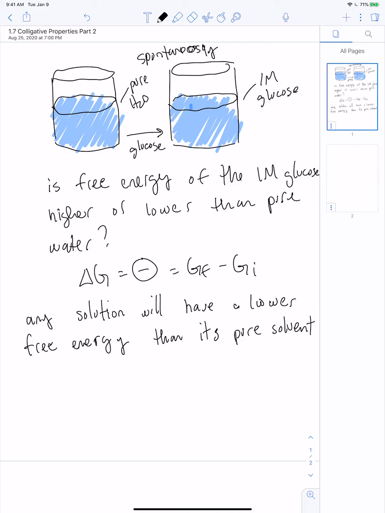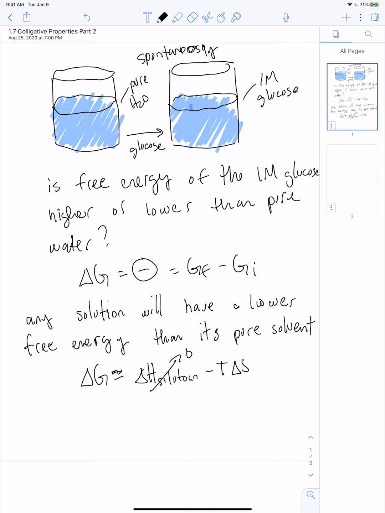So getting back to what we talked about originally, what's the driving force behind all these colligative properties? Why is delta G negative? We know that delta H is generally going to be 0, because delta H of solution is generally close to 0. So that means that it must be entropically driven.